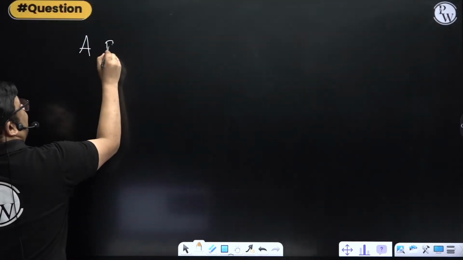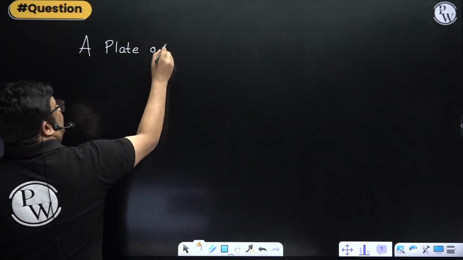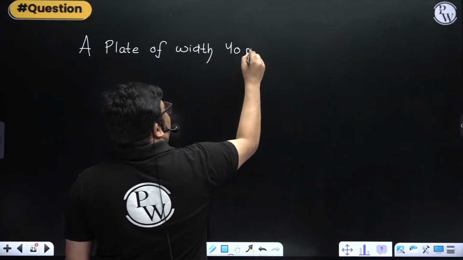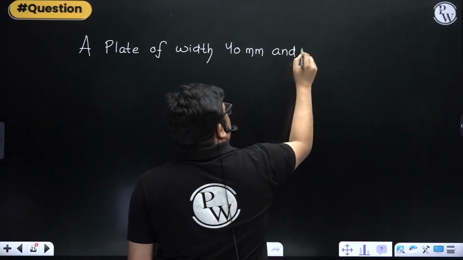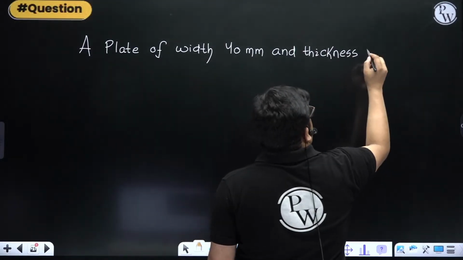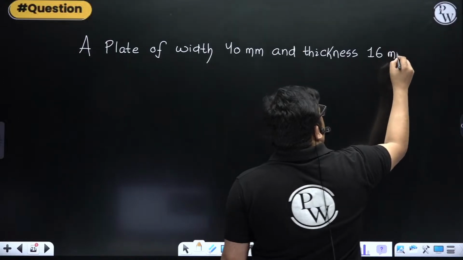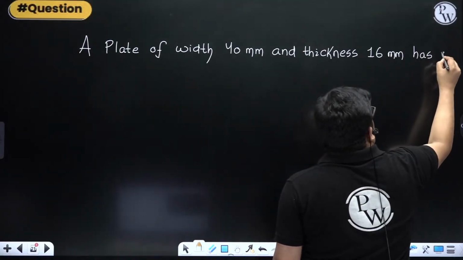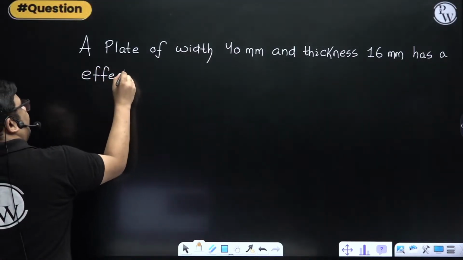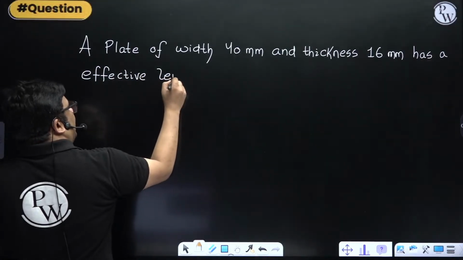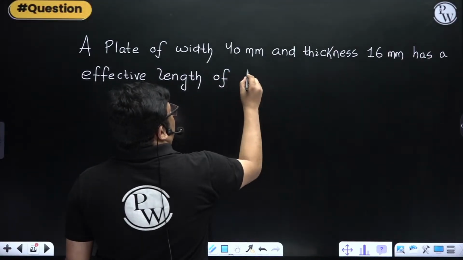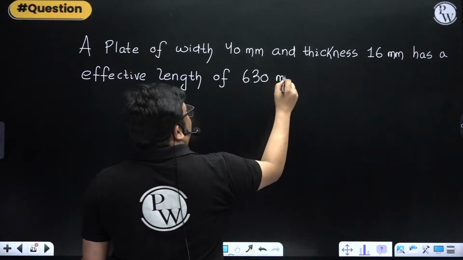A plate of width 40 mm and thickness, suppose, 16 mm has an effective length of 630 mm.